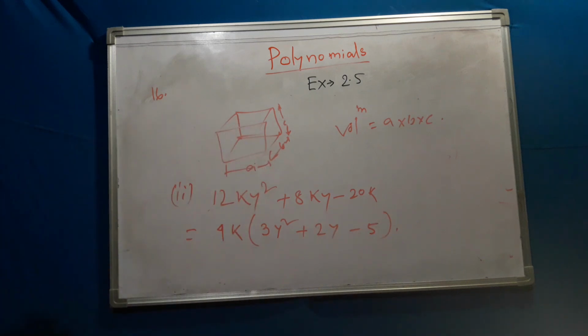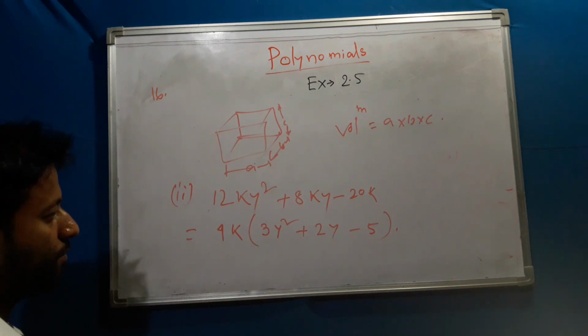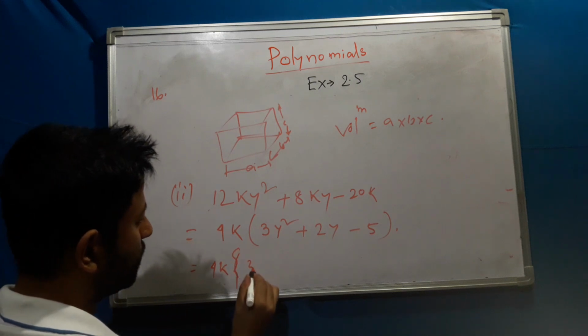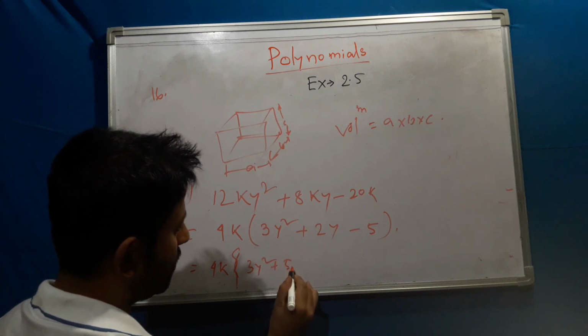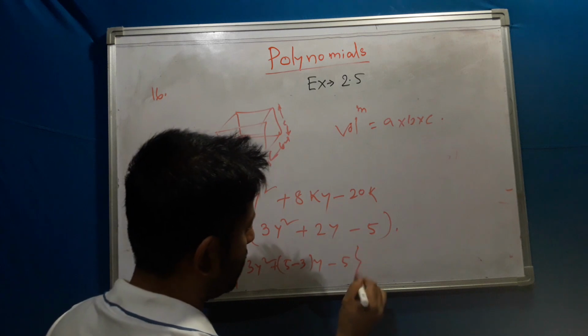Now the middle term to factor this one: 5 and 3, I have to subtract, so 5 minus 3, that is very easy. So 4k, and this term will come as 3y² + (5 − 3)y − 5.